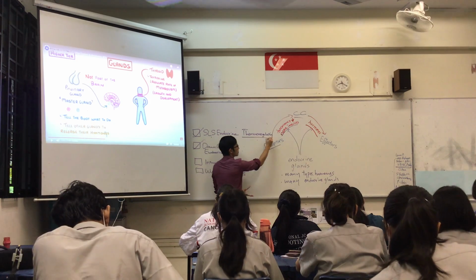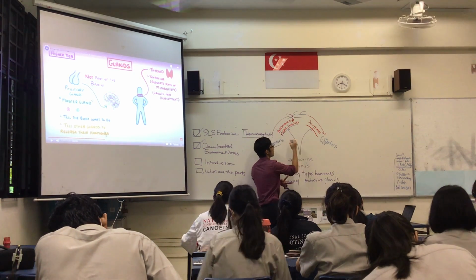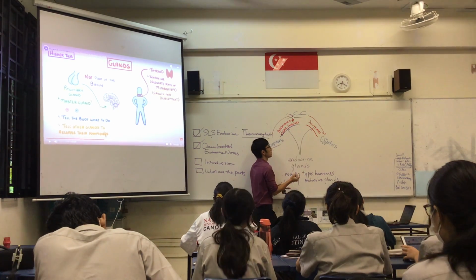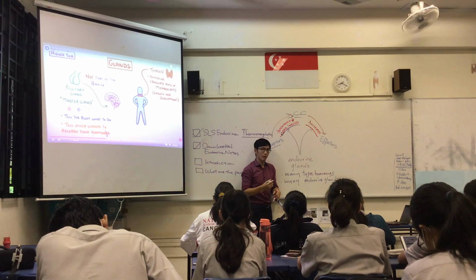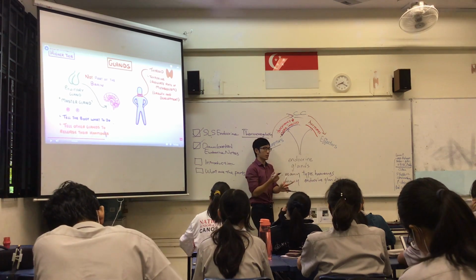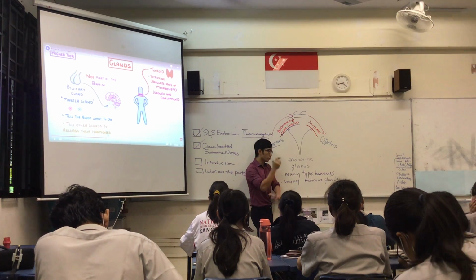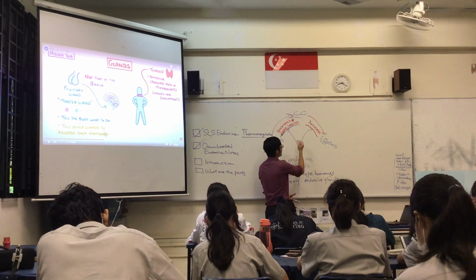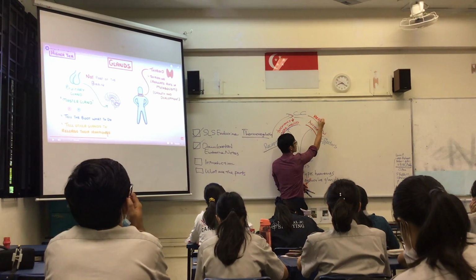In thermoregulation, between the receptor to the control center, actually we use nerve impulses. Between the control center to the effector, you know what messenger is being used? Okay, if you go to your notes, actually the messenger that is being used is also nerve impulses.